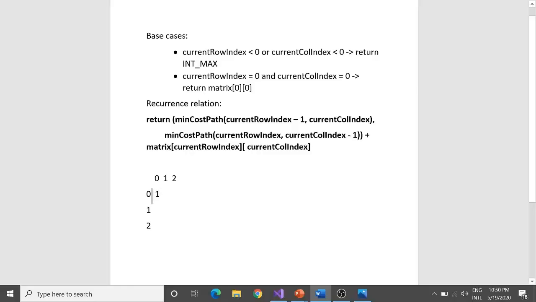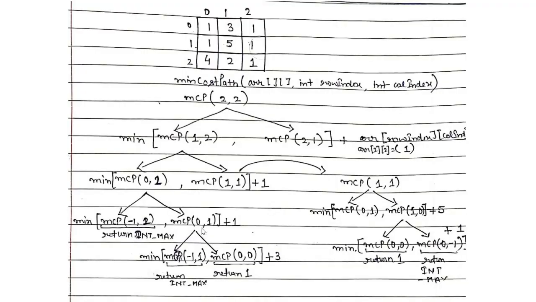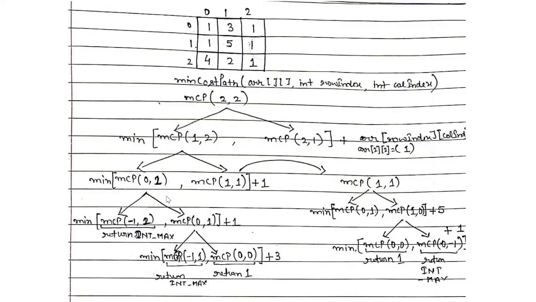Now what about the intersection of this 0 and this 1? What does this mean in our DP matrix? This cell means: tell me the min cost path to reach 0 1. This subproblem in our recursive tree is denoted by the cell at the intersection of this 0 and this 1 in our DP matrix. What did we recurse for?